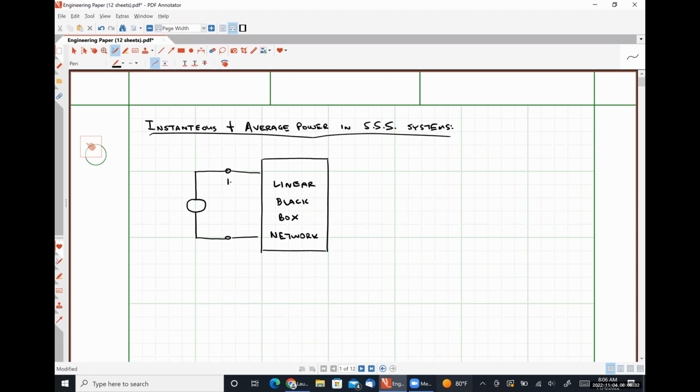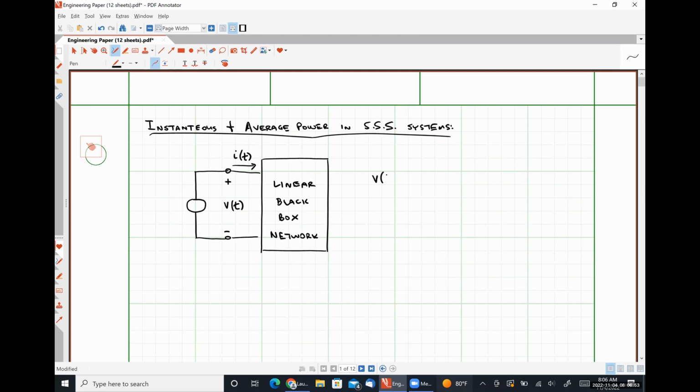Let's say that there is a sinusoidal voltage v(t) that appears across the terminals of the linear black box network, and there's a sinusoidal current i(t) that's flowing into the linear black box network.